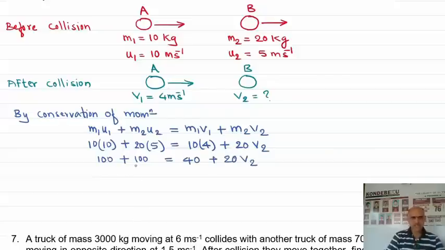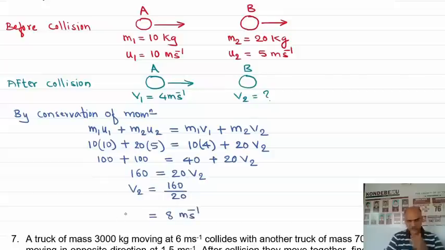Simplify: 100 plus 100 is 200, 200 minus 40 is 160, so 160 is equal to 20 v2. Therefore v2 is equal to 160 divided by 20. The zeros cancel, and you will get 8 meters per second. v2 is 8 meters per second.